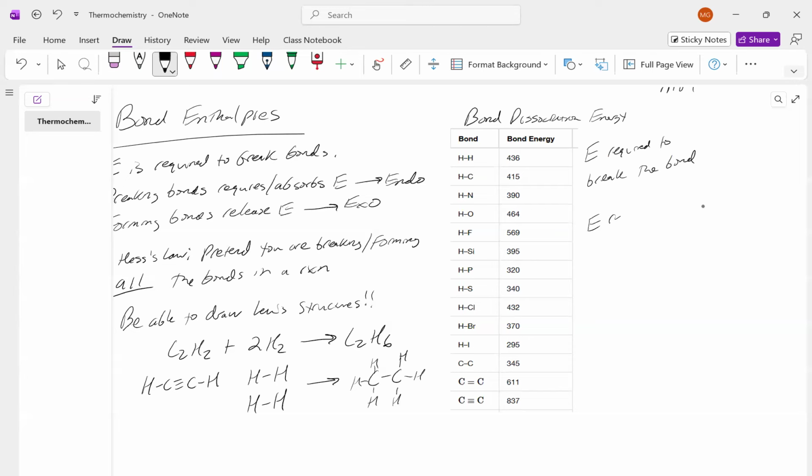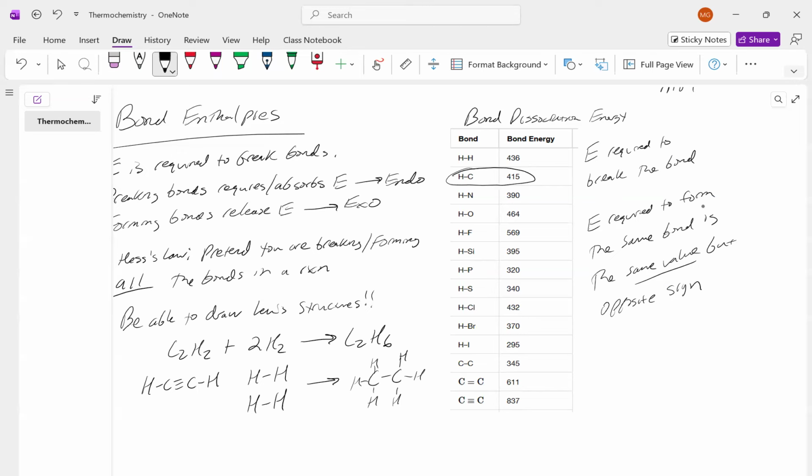The energy required to form the same bond is the same value, but opposite sign. So to break a carbon-hydrogen bond requires 415 kilojoules of energy.